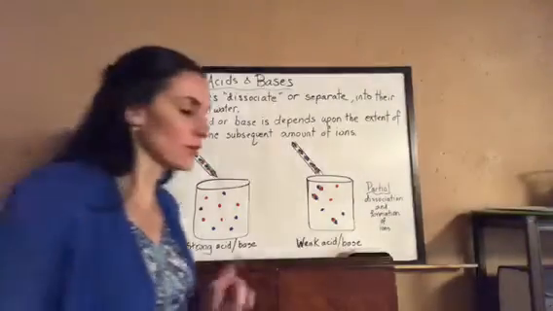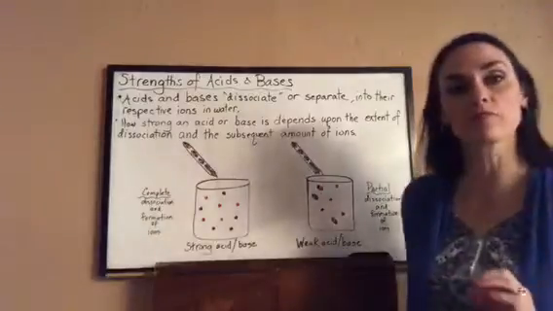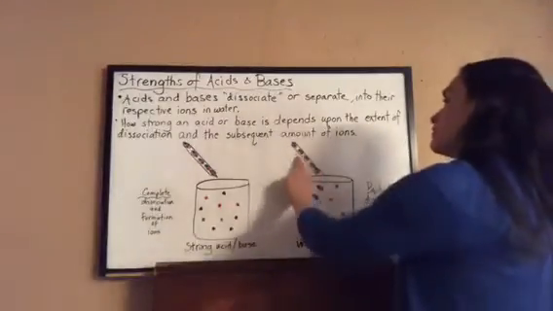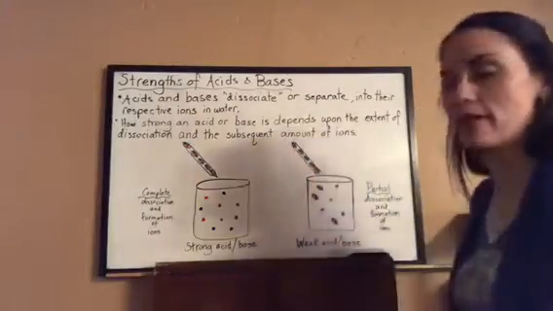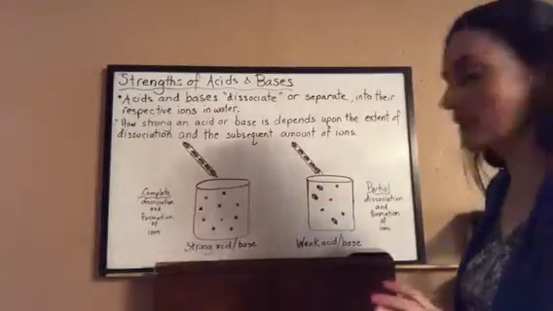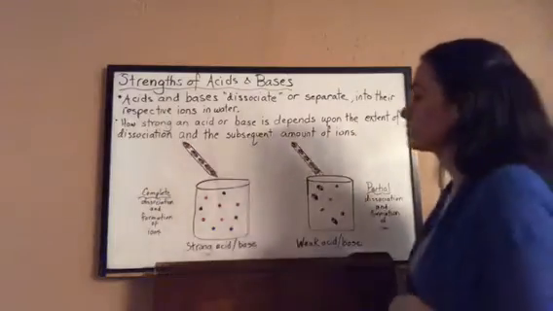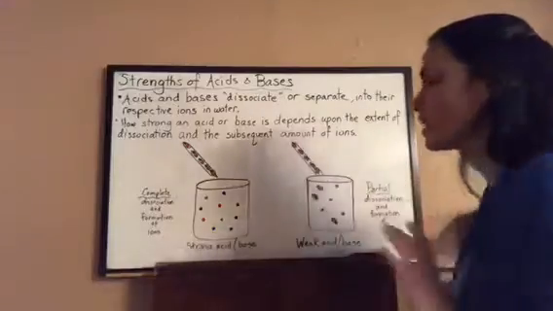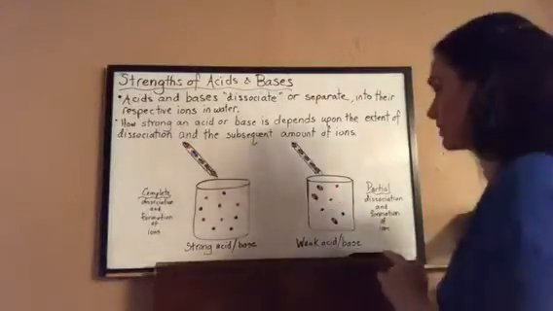In contrast, when you have a weak acid or a weak base, you only have partial ionization occur. So let's say we have 5 units in the pipette represented by the blue and red dots, 5 units of either a weak acid or a weak base. When you put it into solution with water, some of those units separate and some stay intact, as represented in the picture here.